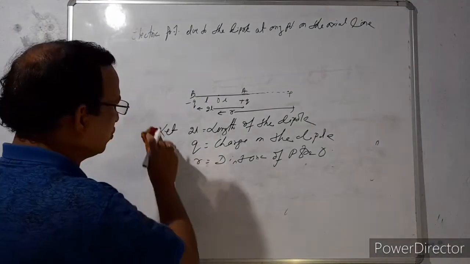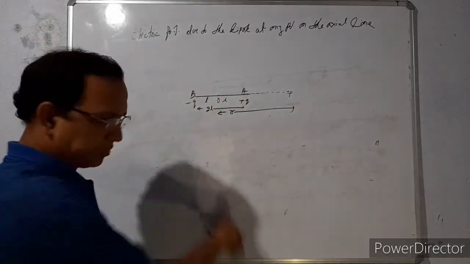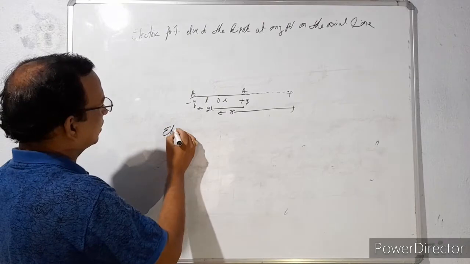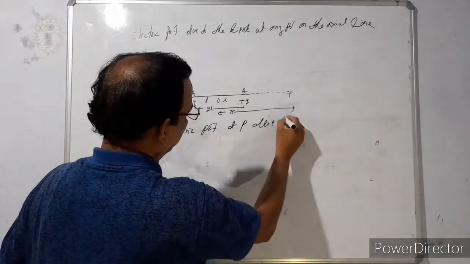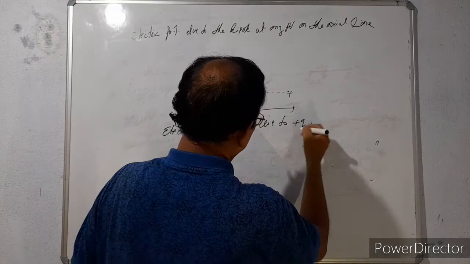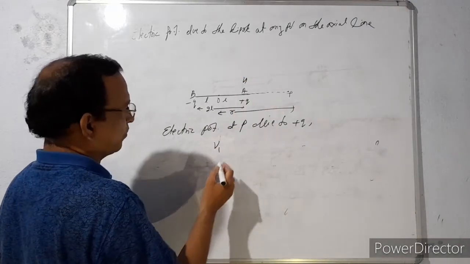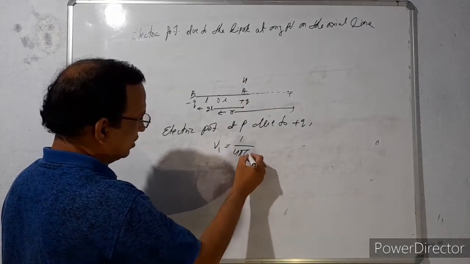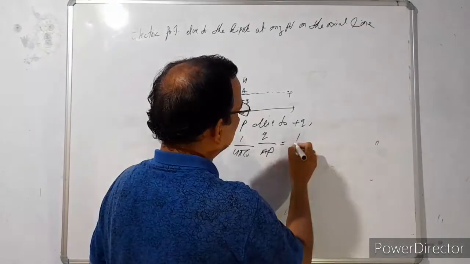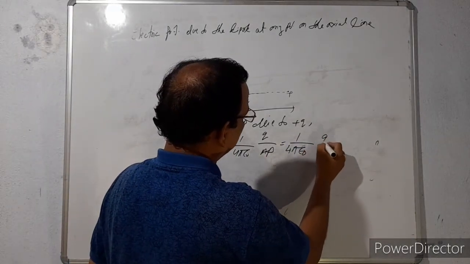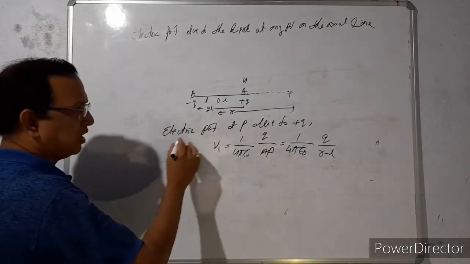Electric potential at P due to the plus Q charge, suppose this is V1, is 1 by 4 pi epsilon naught Q by AP, that is equal to 1 by 4 pi epsilon naught Q by R minus L. Clear?